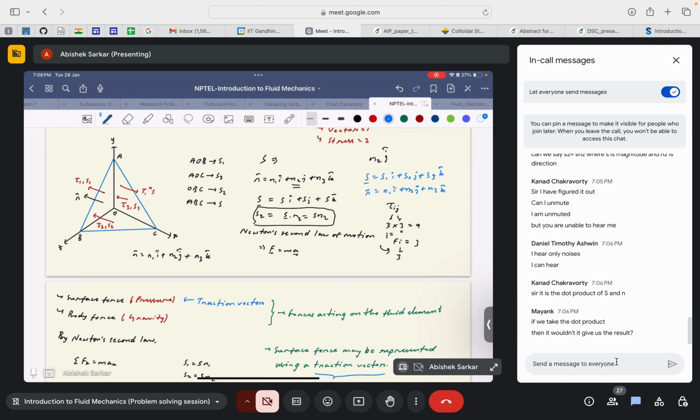Yeah, that's what I mentioned. Okay, it is a dot product of S and N. So S dot N would give S1 and 1.